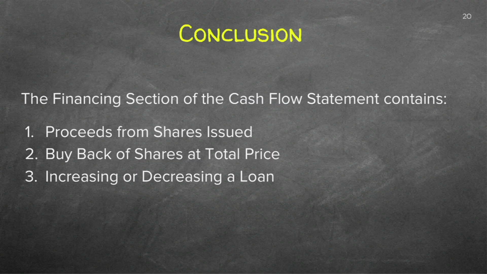What conclusion can we draw from this section of the cash flow statement? First of all, there are 3 items that can go into this section of the cash flow statement. They are the proceeds from shares issued, the buying back of shares, and increasing or decreasing a loan. So there are my 3 items which would go into this section of financing.